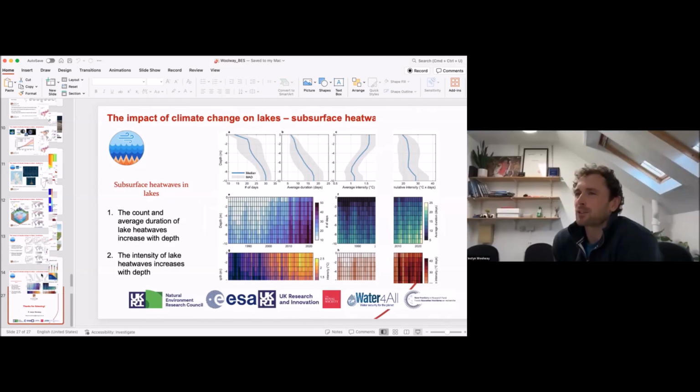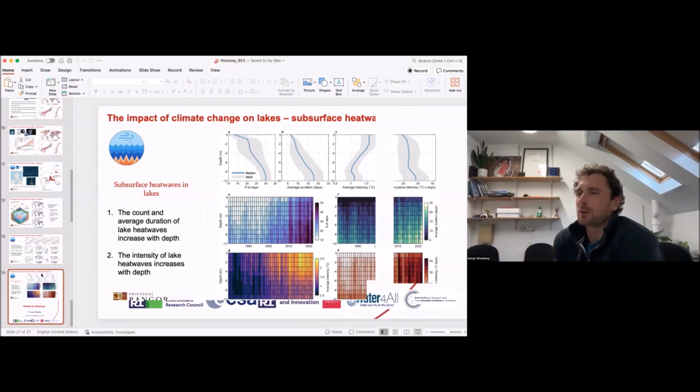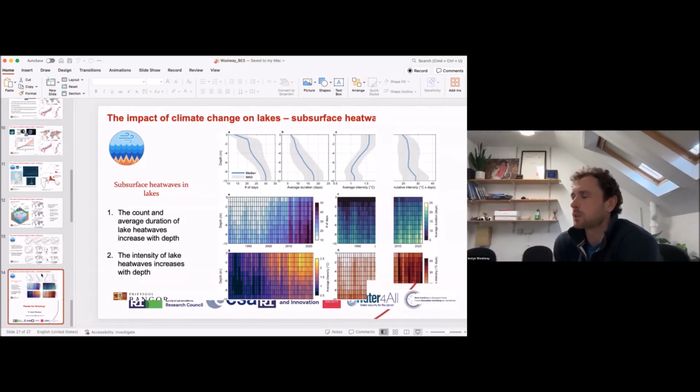So I have to remind myself of what we wrote in the paper on this, and I'm struggling to remember now. But I think what we said was that the surface conditions respond very quickly to what's happening in the atmosphere. So if you have a cold spell in the atmosphere, then lakes respond quickly at the surface. But in deeper water, they respond much less quickly to atmospheric forcing, so they can have prolonged anomalies.